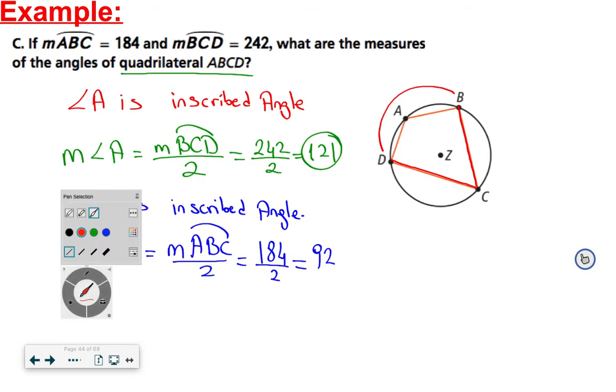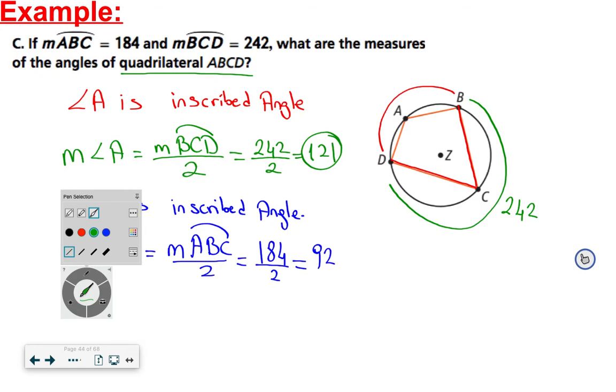If you remember, which is given from the question, BCD is 242. And what is the measure of the whole circle, which is 360? If I know that BCD is 242, can I find the measure of DB? Of course I can. How?